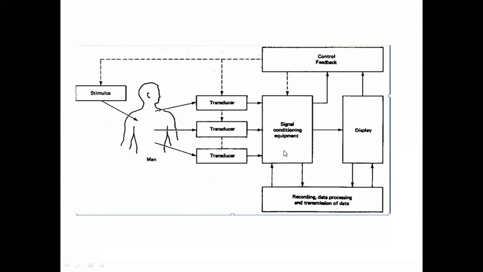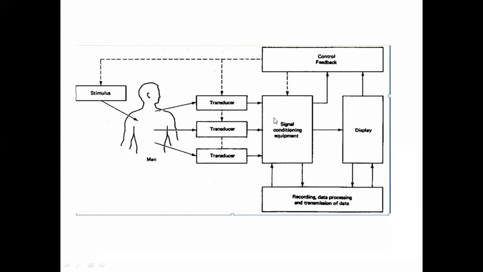Here, the main purpose of the signal conditioning equipment is that it receives an electrical signal from the transducer and produces an output electrical signal. The input is an electrical signal and the output is also an electrical signal.